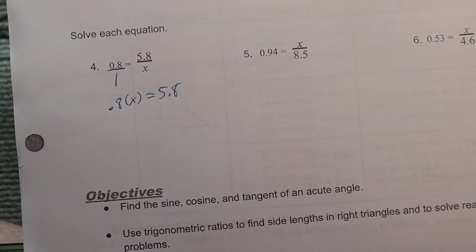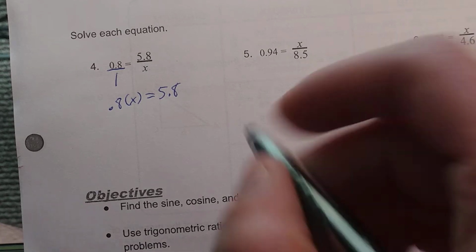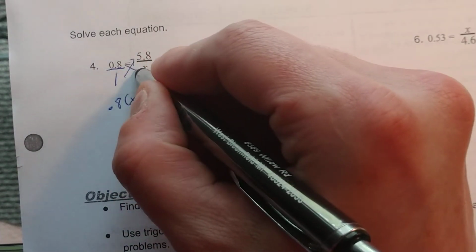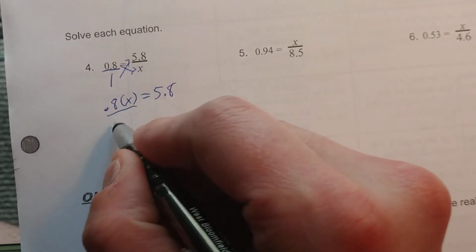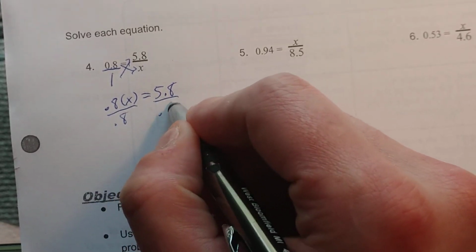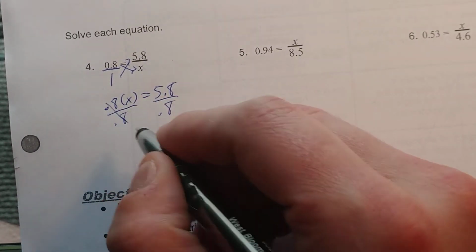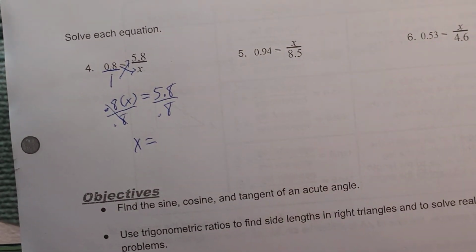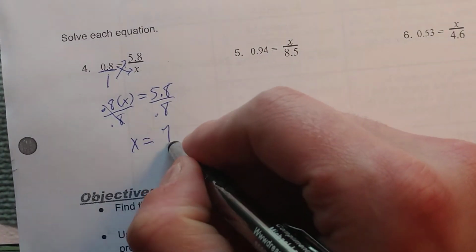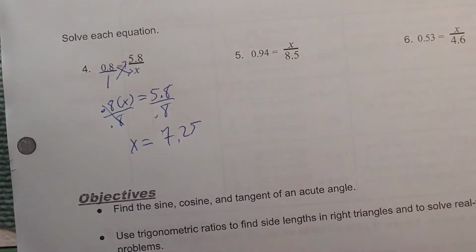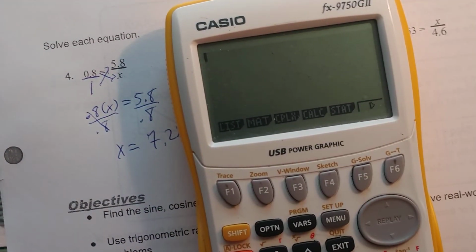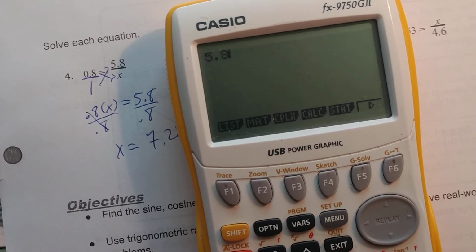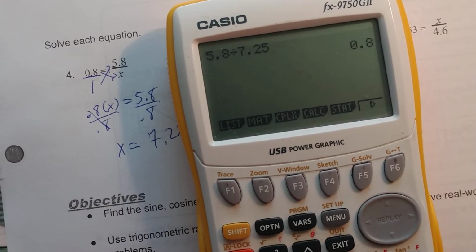To solve that, you just divide by 0.8. Those cancel. 5.8 divided by 0.8 is 7.25. Then if you wanted to do a quick check, 5.8 divided by 7.25 is 0.8.